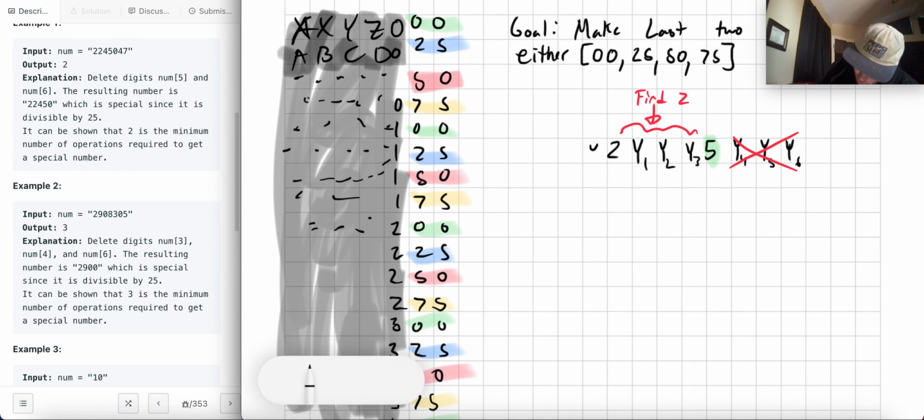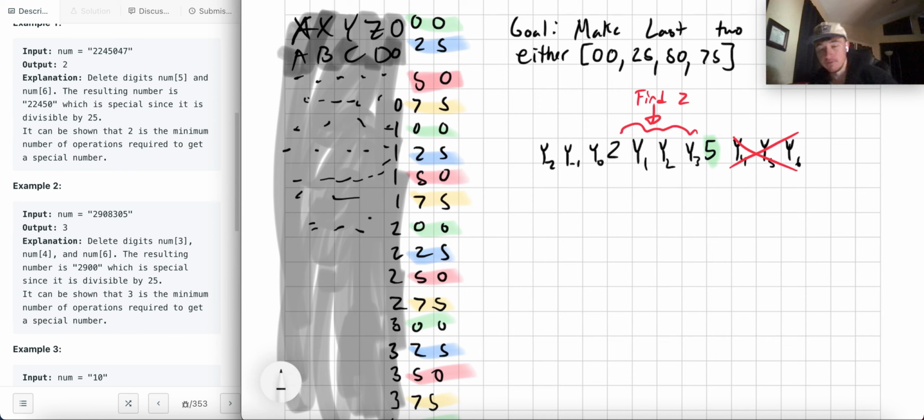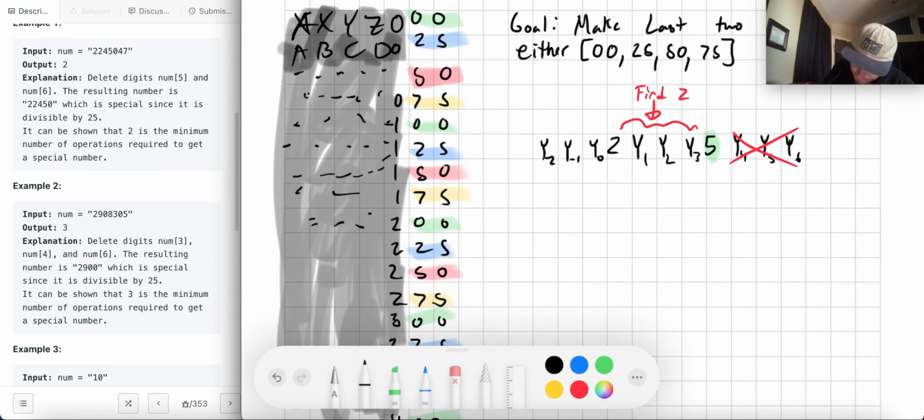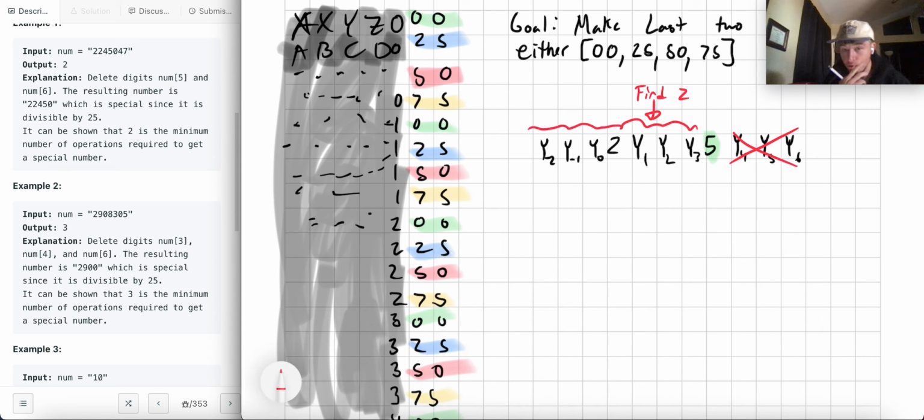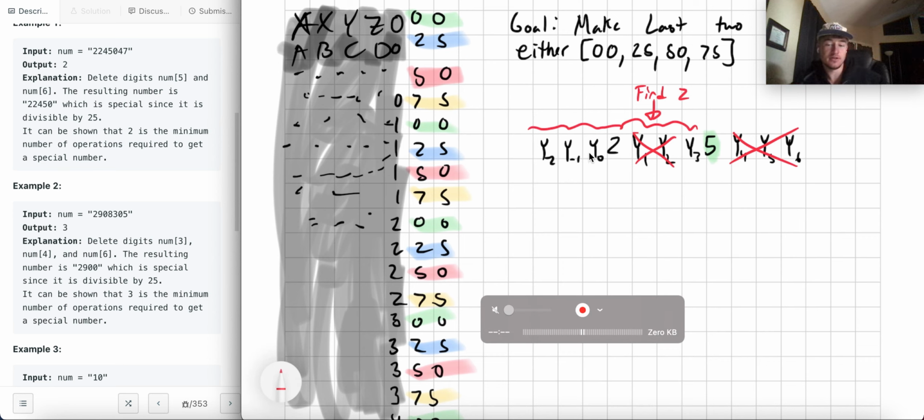All right, and let's say there's just more Y0, Y negative 1, Y negative 2. In order to make this work, I have to find the 2 in here. So I'll have to delete these last characters, and that's it. I don't need to delete these ones because these are to the left. So to make this work, I would have to delete the things in between.